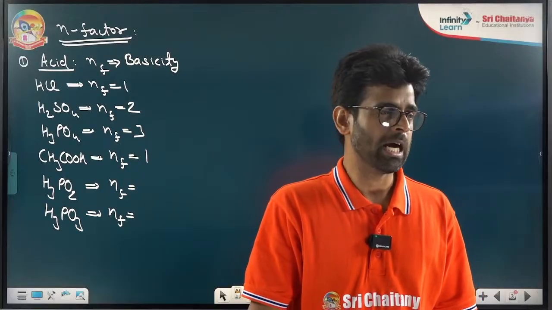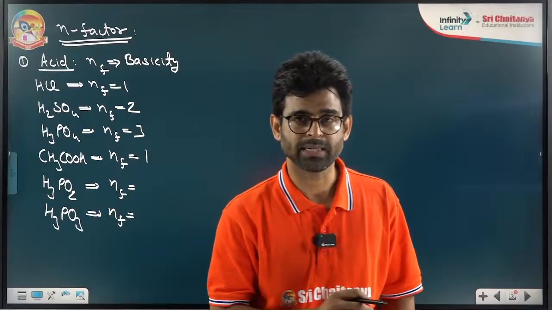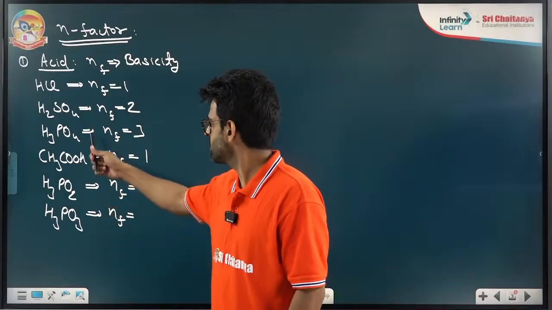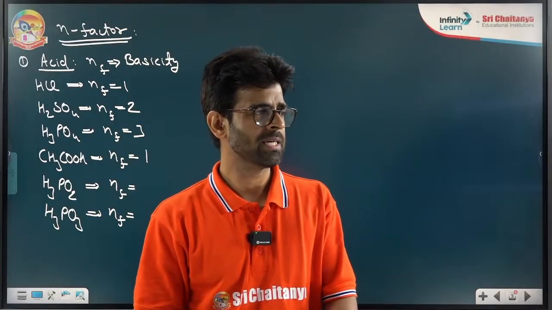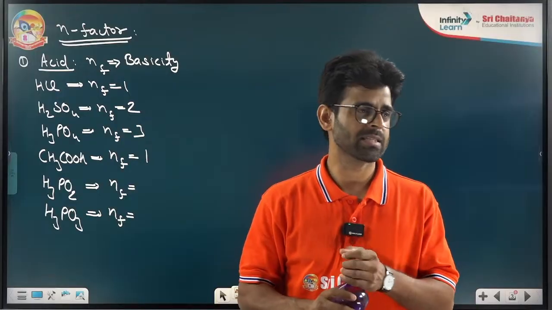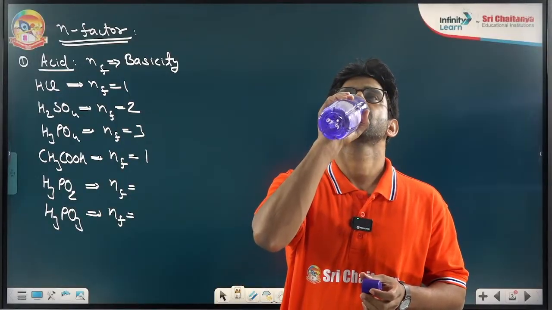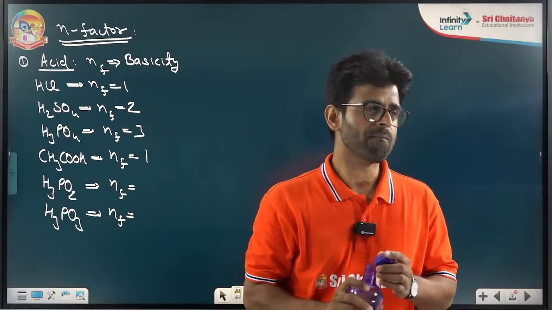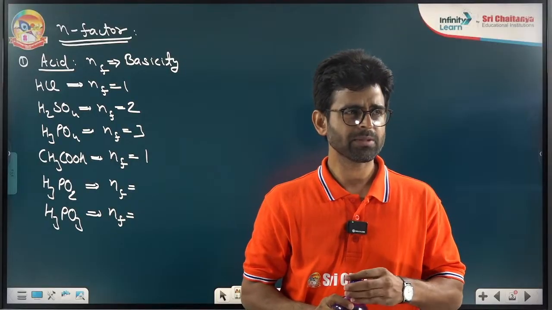H3PO2 is hypophosphorus acid and H3PO3 is phosphorus acid. H3PO4 was phosphoric acid, or you can say orthophosphoric acid, right? Tell me, if you have seen the structure in your previous classes. Please tell me. Yes.